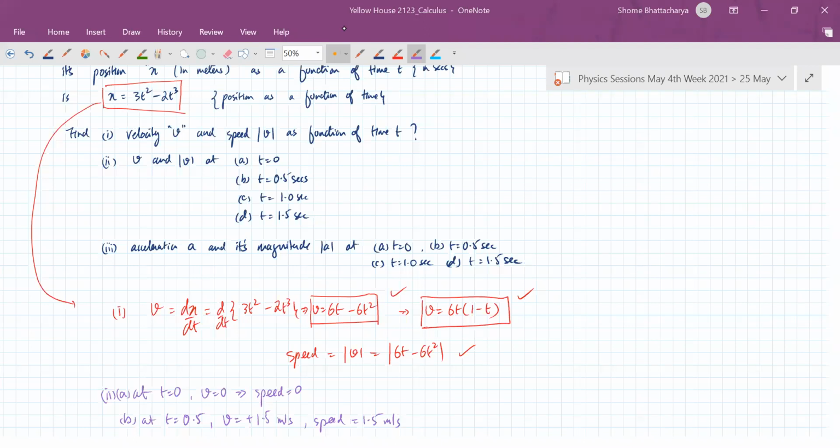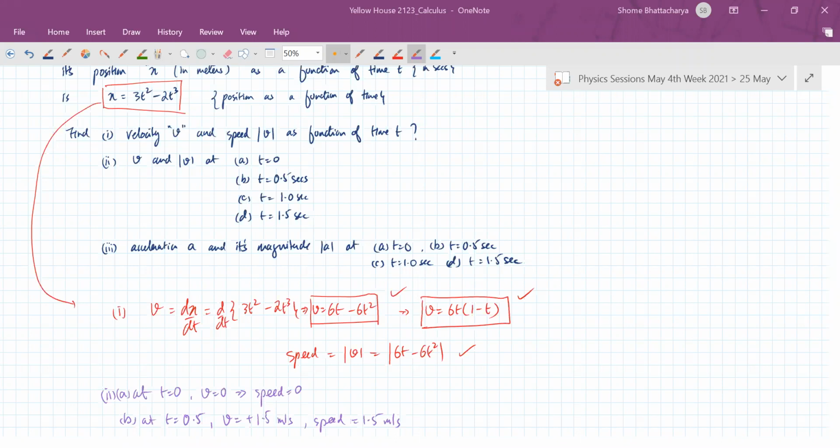Yes, Bhavika, how speed is different from velocity is that speed is the magnitude of velocity. For example, when I substitute t as 0.5 seconds, I'll get velocity as a positive quantity, so speed should be just the magnitude of that. Whereas, for example, at 1.5 seconds, when I check later, I will get velocity as a negative quantity, which means that speed should be just the modulus of that negative quantity.